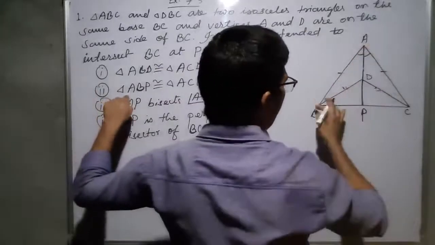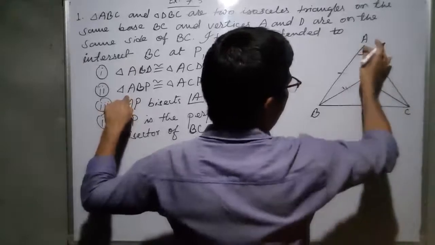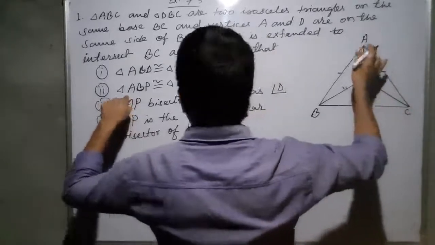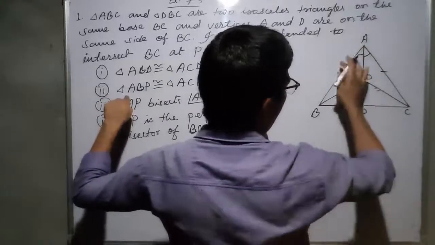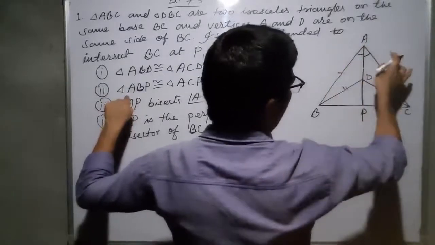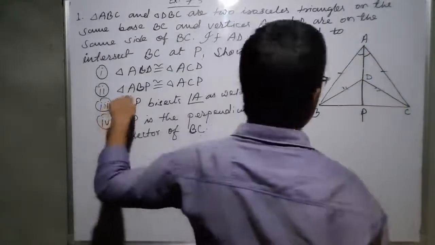Now in triangles ABP and ACP, which we are going to prove congruent: AB and AC are equal, given, since the triangle is isosceles. That is given in the question.